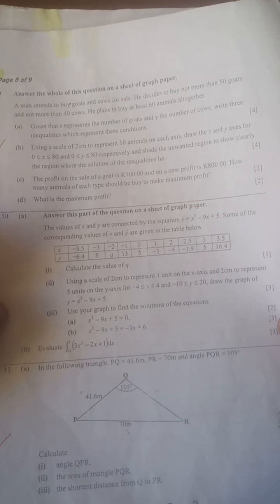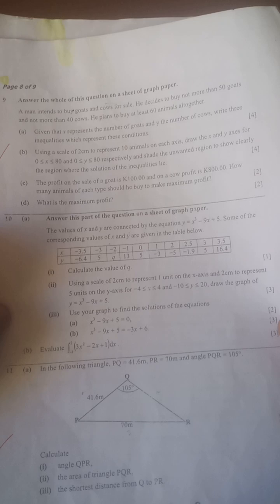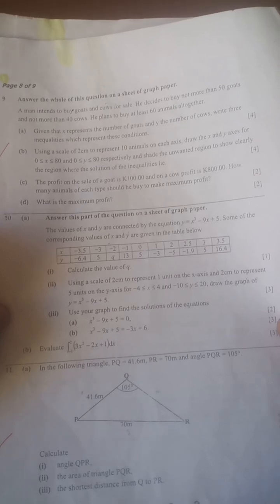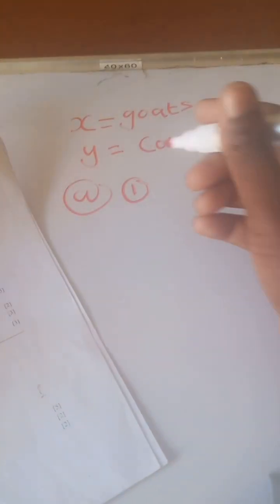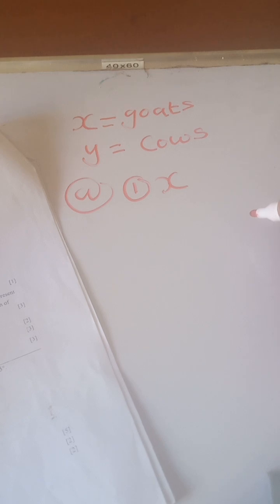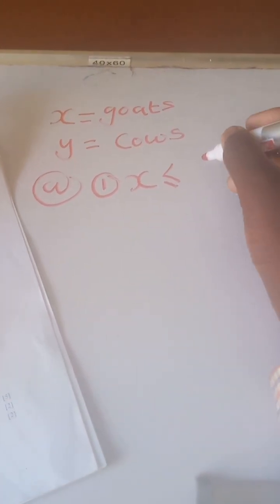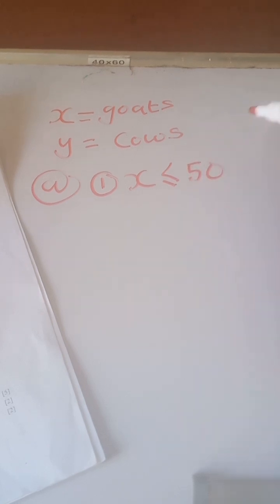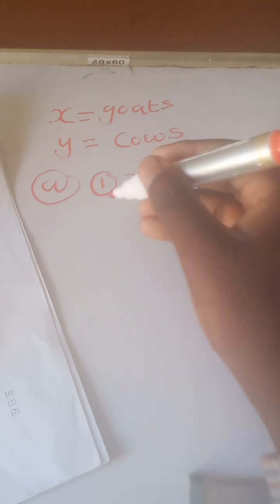He decides to buy not more than 50 goats. Goats is represented by letter X. Not more than means less. So you put 50, like that. So you have answered A1.